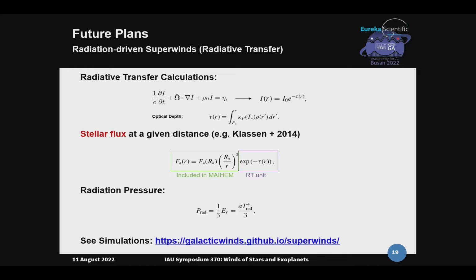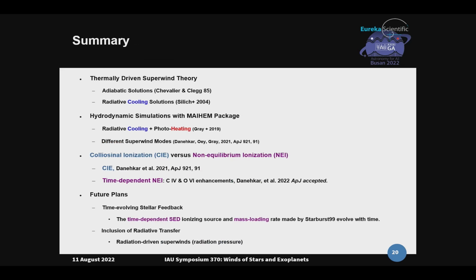And I plan to also include radiative transfer units, which give us optical depths. And using these optical depths, we can have more accurate radiative transfer. And we also have radiative pressure, which allows us, if we want to study radiation-driven winds, to implement that. And so, one minute.